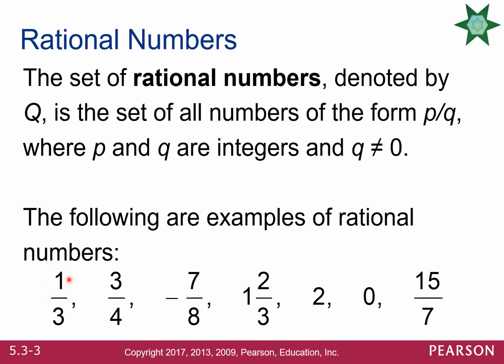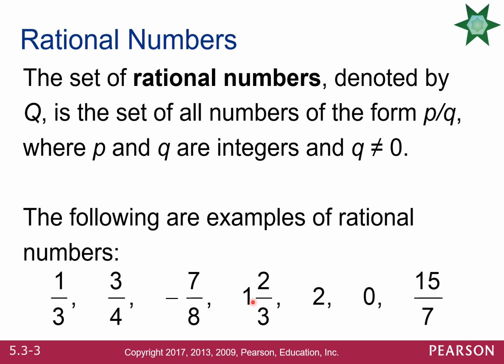So in this case we have 1 and 3, so 1 divided by 3, which makes it a valid rational number. We have 3 divided by 4. We have negative 7 over 8. So that means rational numbers can be negative. Rational numbers can be positive as well.